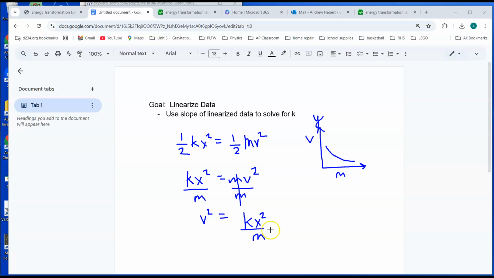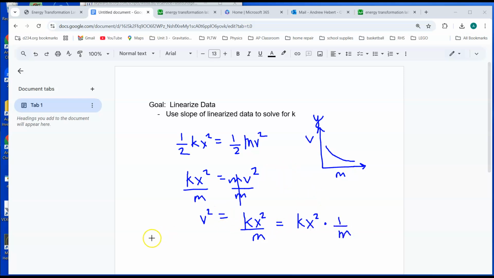Okay. And we need to figure out how to linearize this, so we need to isolate the m. So we're going to rewrite this as kx squared times 1/m. That's how we do that.